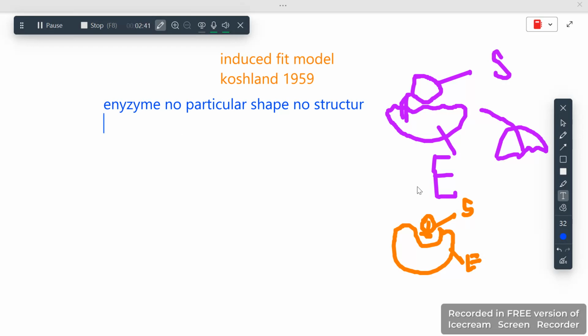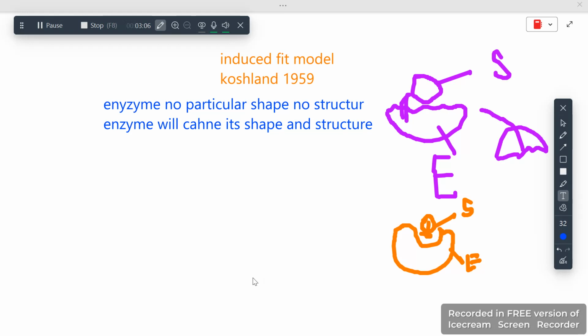So if we have the enzyme, the enzyme will change its shape and structure so that the substrate can bind with it.